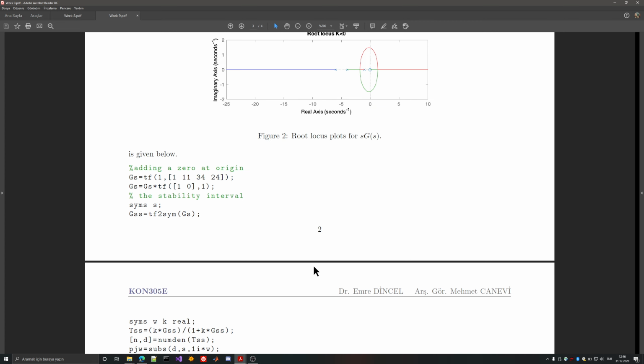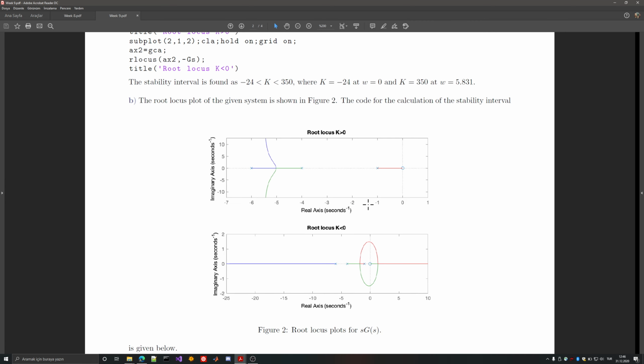So because we have a zero at the origin here, this pole will approach this zero at infinity. So basically, the upper bound for my p-type controller, the stability upper bound, will be infinity. And since these are tending to the asymptotes, moving closer and closer to the asymptotes, they never try to get on the right half plane.